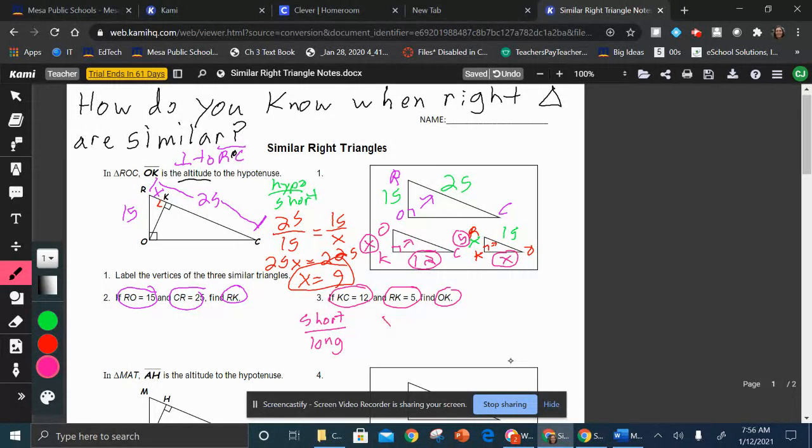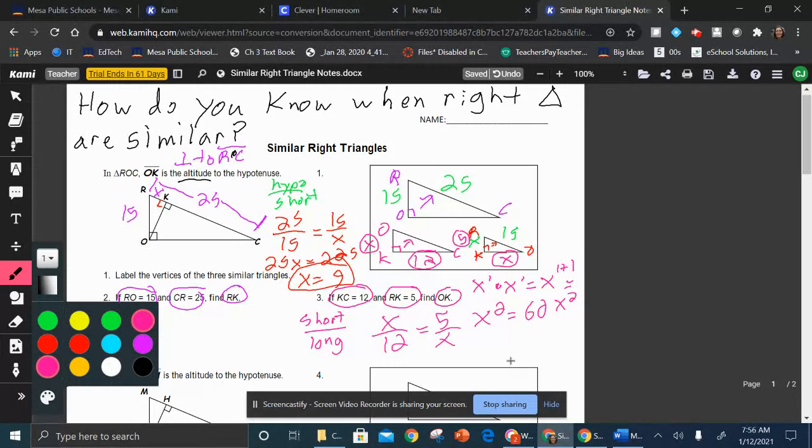So I'm going to put x over 12 is equal to 5 over x. We're going to cross multiply and divide. Remember, everybody, that x times x, x is to the first power, so we add those exponents and get x squared. So x squared is equal to 60.